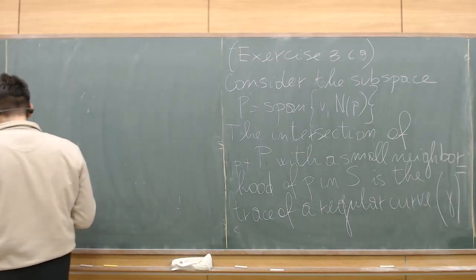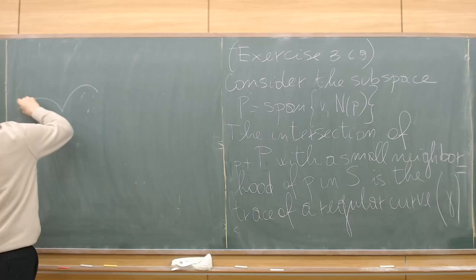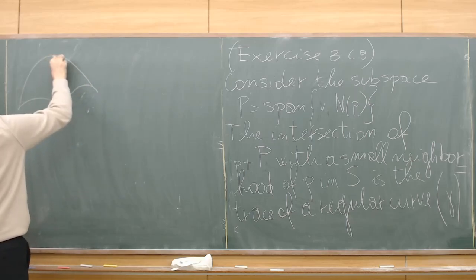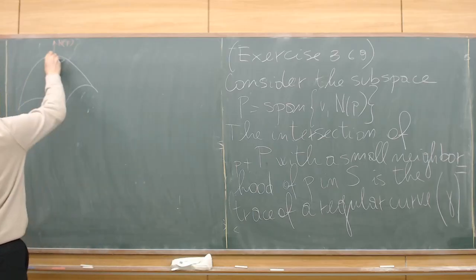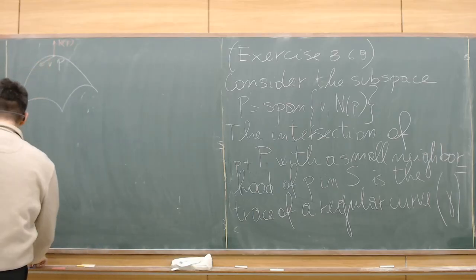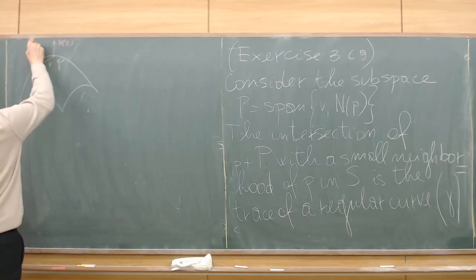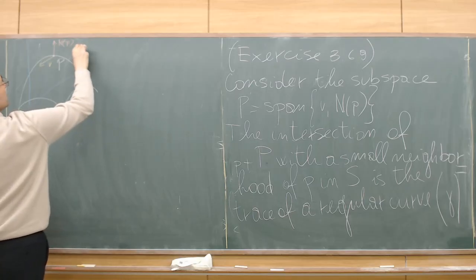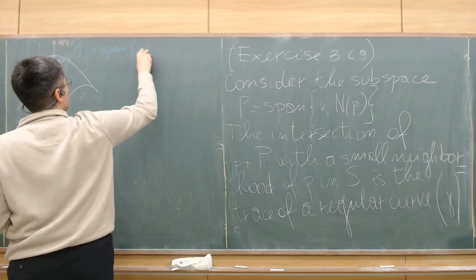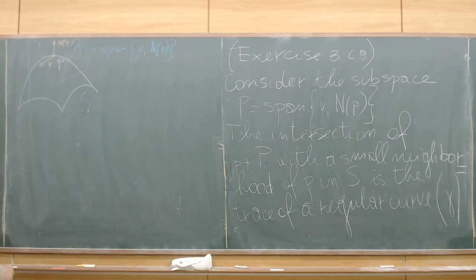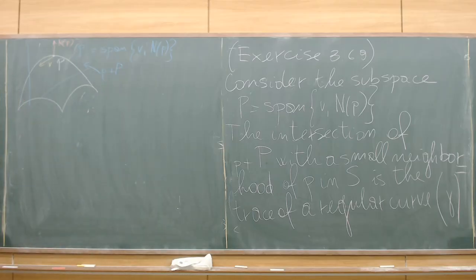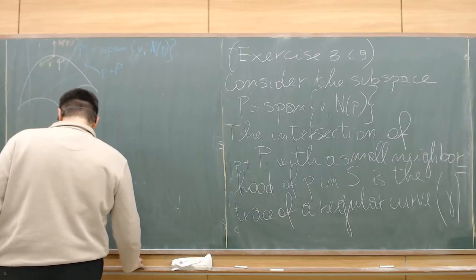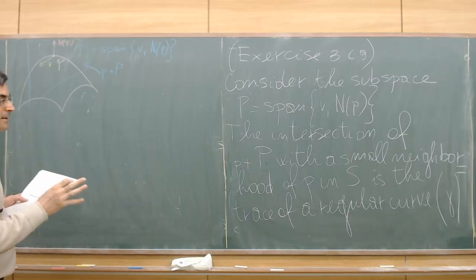We can try to make a picture. If this is the surface S, this is the point P, this is N at P, this is V, then we are considering P, which is a span V, N of P. Actually, this is small p plus capital P. Okay, we parameterize gamma by arc length.